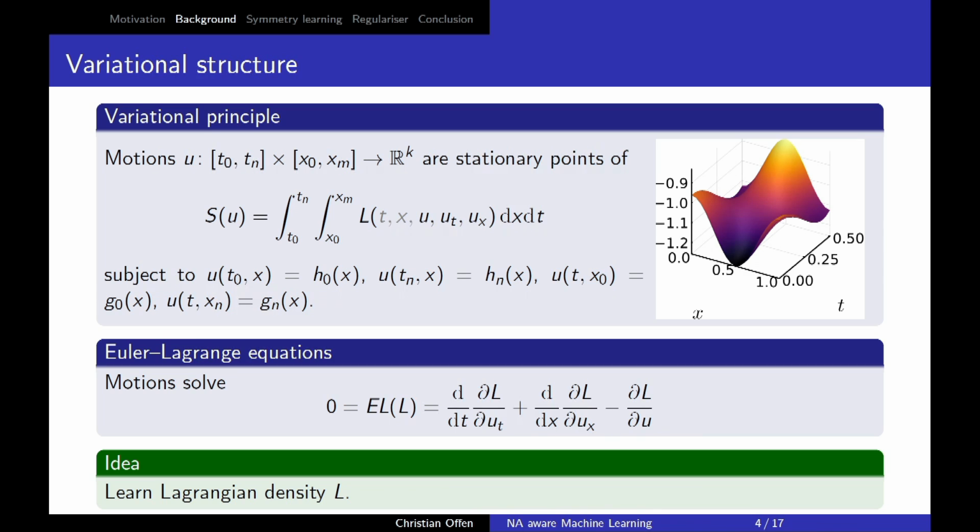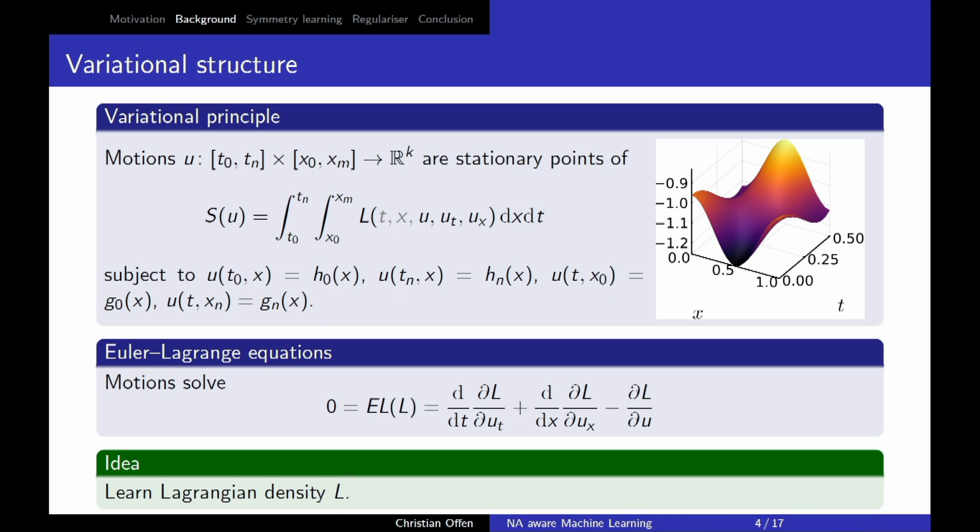So there you learn the Lagrangian density functions. Here solutions of the field equations are stationary points of this action functional, which is equivalent to being stationary points of this PDE. And you could think of learning the Lagrangian density from data.